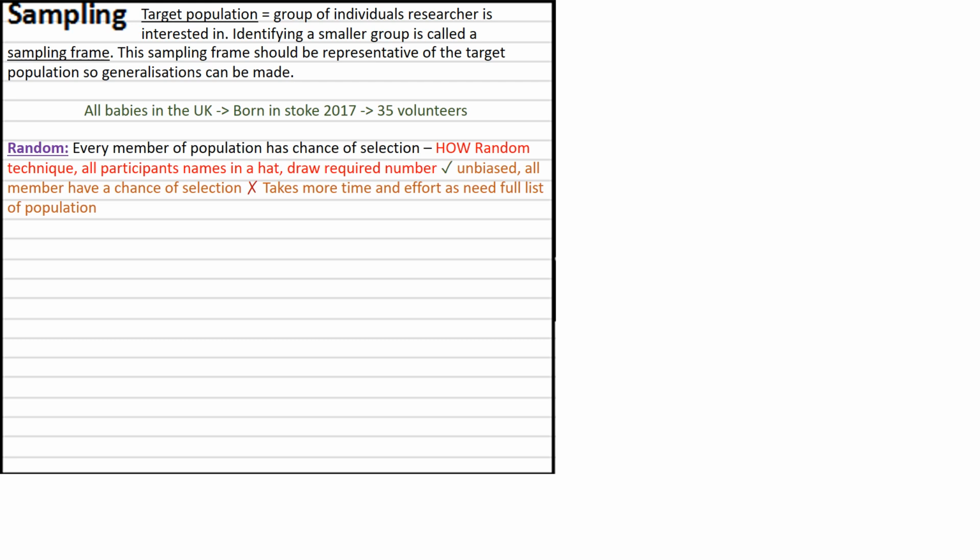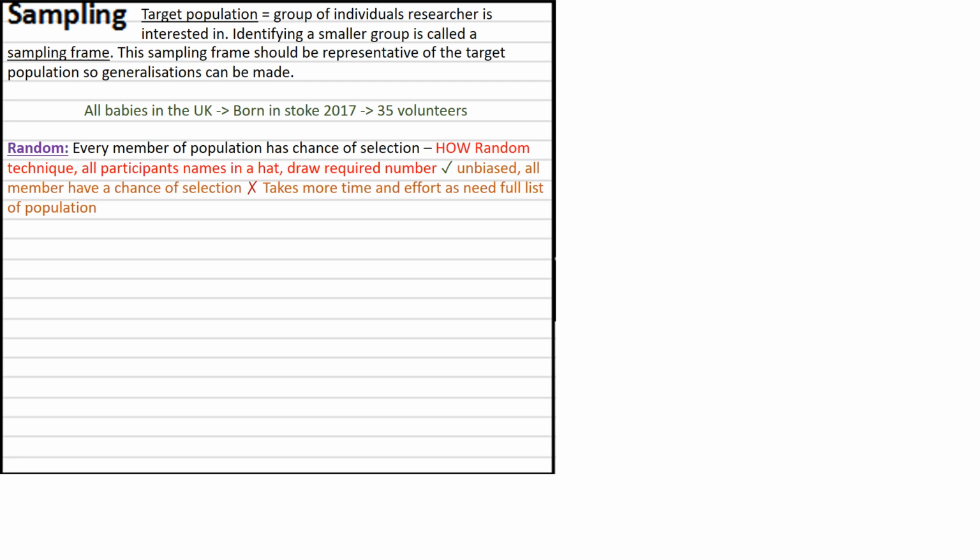So you need to be quite clear about not just what you're going to do, but how you're going to do it. Another way of taking a random sample is to assign everybody a number, put those numbers into a random number generator, and then use it to draw the numbers and ultimately the people. Okay, so that's physically how you do it.